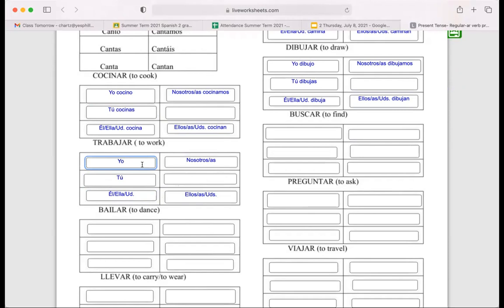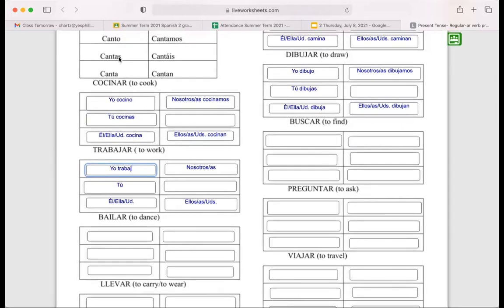Okay. So here we have trabajar. Remember, it's a regular AR verb, so we're going to take the AR off. It's gone. So there's our stem, TRABAJ. So what do we add in the yo form? O. So yo trabajo is I work.